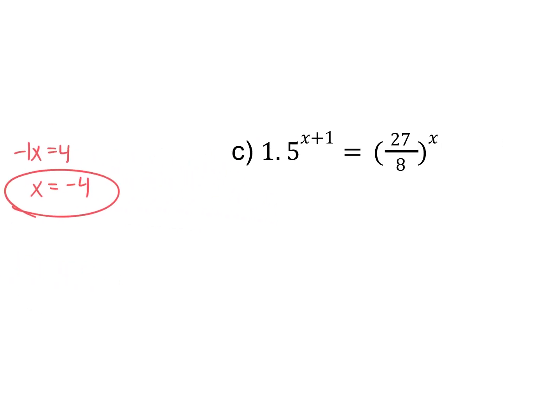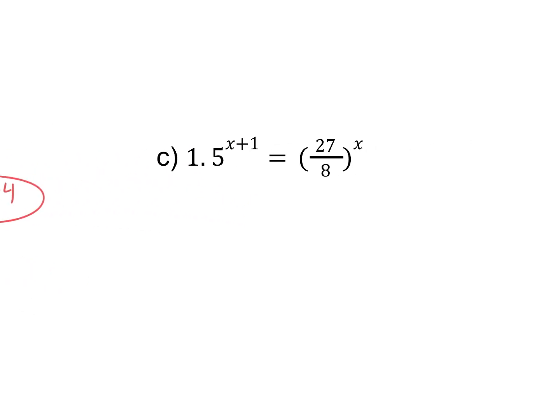Okay. Last example here, letter C, 1.5 to the exponent of x plus 1, and then I've got 27 divided by 8 to the x power. How could I rewrite 1.5 to be a fraction? 3 halves. Okay. So 3 over 2 to the x plus 1.